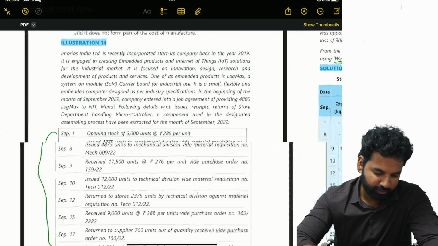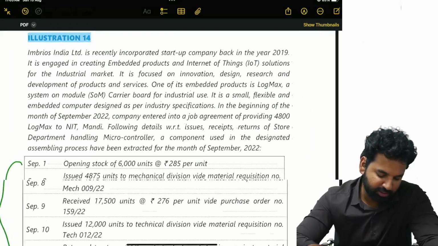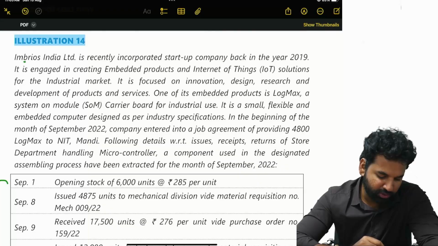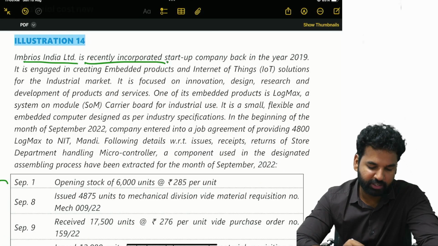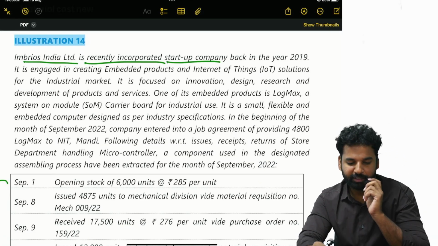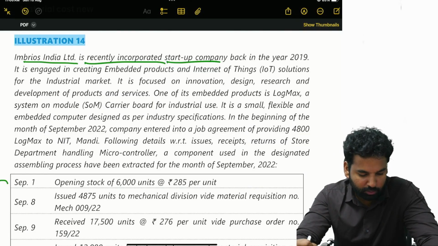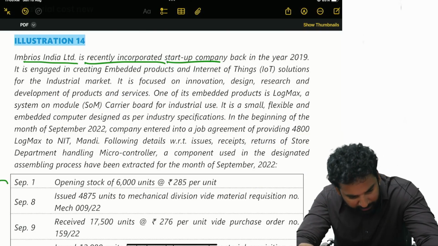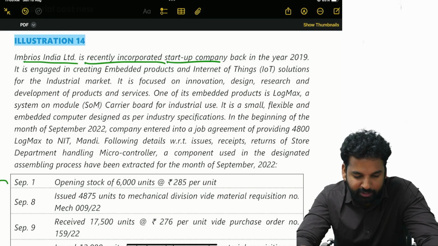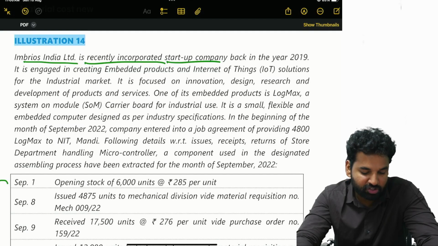Okay, right. Embryos India Limited, illustration 14. Embryos India Limited is a recently incorporated startup company, backed in the year 2019. It is engaged in creating embedded products and Internet of Things solutions for the industrial market, focused on innovation, design, research and development of products and services.